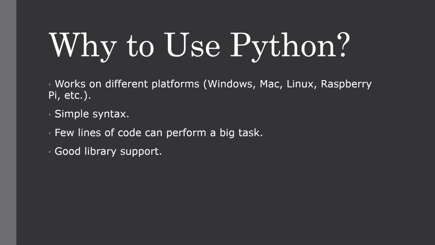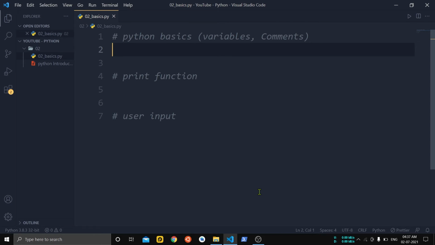And with Python, we can write few lines of code and perform a big task. As Python is growing along with its library functions and its applications, we can say that Python is going to rule the programming world. Now let us see some basic concepts of Python programming.